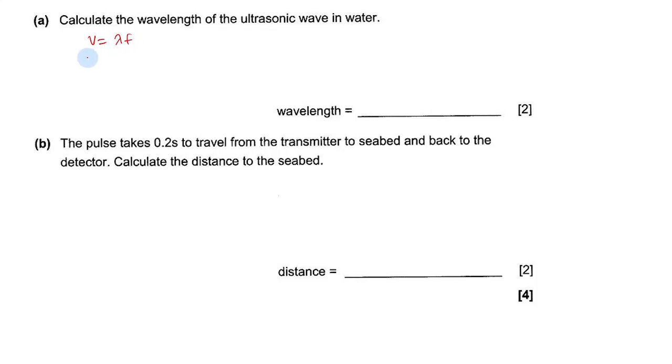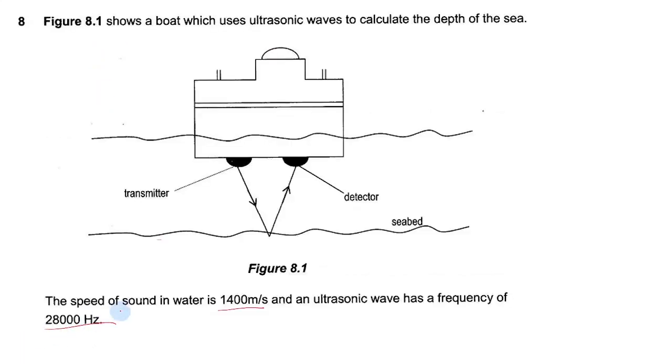So they want the wavelength. So wavelength is going to be equal to speed or velocity over frequency. So we divide. The speed has been given as 1,400, and the frequency as 28,000.